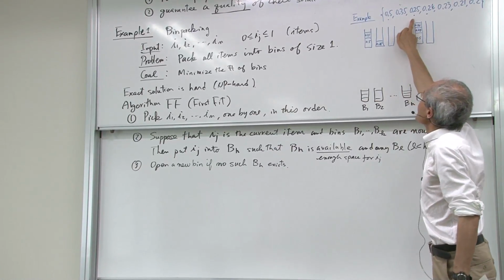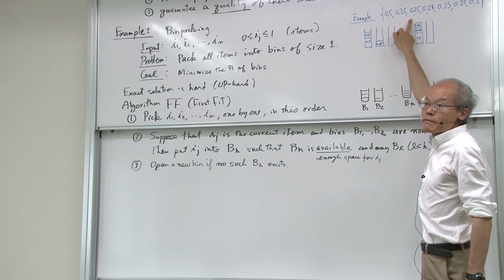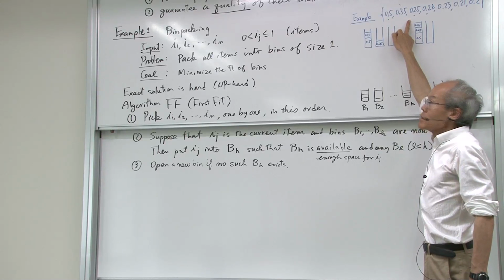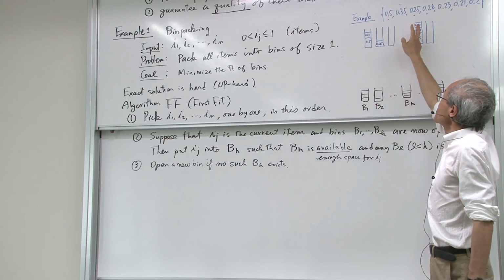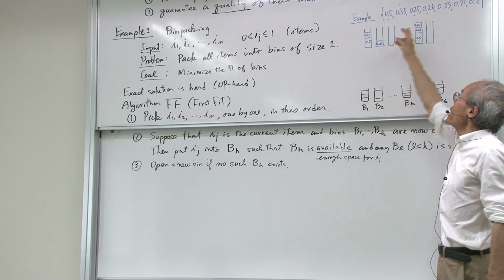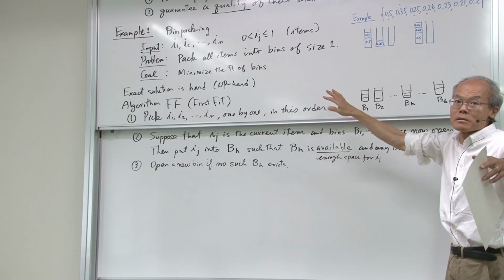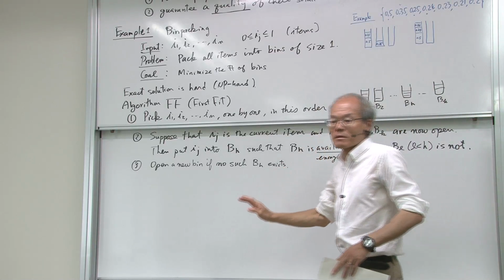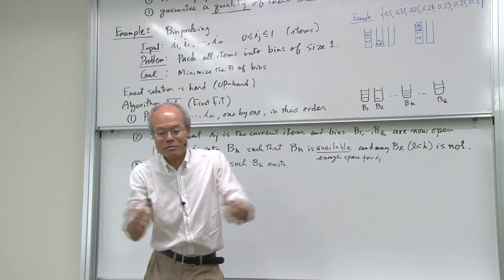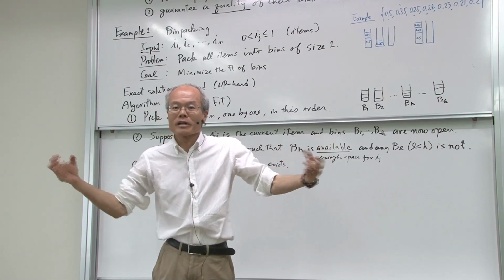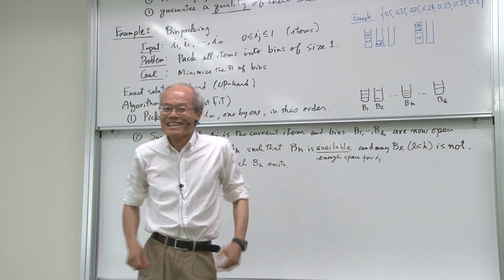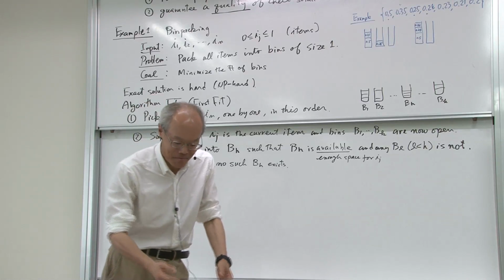So that's not enough for 0.25. What I'm saying is that it is not allowed to divide this item into 2 smaller parts. It's just like breaking your luggage. So it's impossible. Okay.